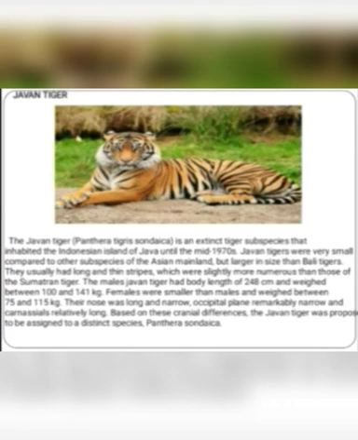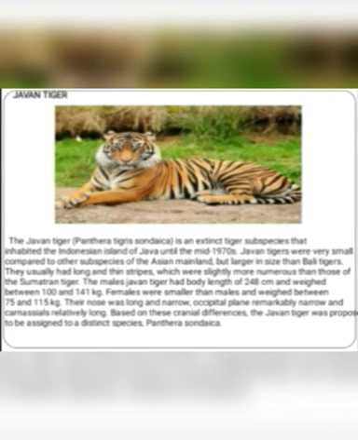The male Javan tiger had a body length of 248 centimeters and weighed between 100 and 141 kilograms. Females were smaller than males and weighed between 75 and 150 kilograms.